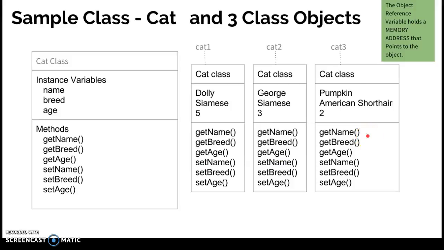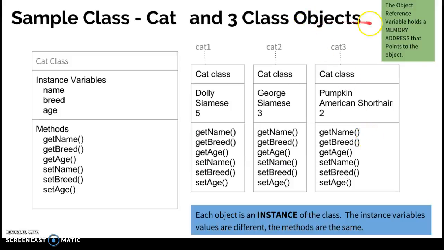Okay, moving on. The object reference variable holds a memory address that points to the object. All right, so cat1 is a reference variable. It does not hold these 3 items, these 3 instance variables. It just has a reference address that points to the object that's stored in RAM.